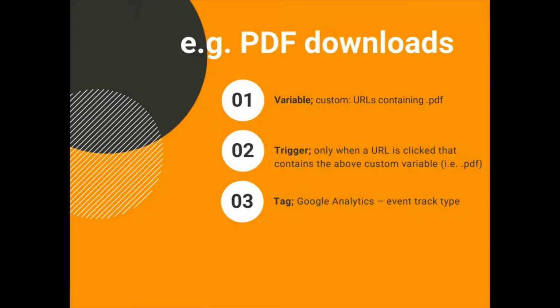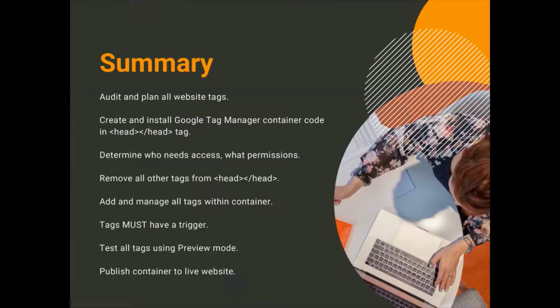So that's where we're getting a little bit more advanced with some of these, but it is a really useful thing to think about because, like I said, you can set it up once and it automatically runs on all PDFs. I've also been doing this for any clicks on email addresses, telephone numbers on websites and those types of things as well, because they're all events on websites that aren't tracked automatically using Google Analytics.